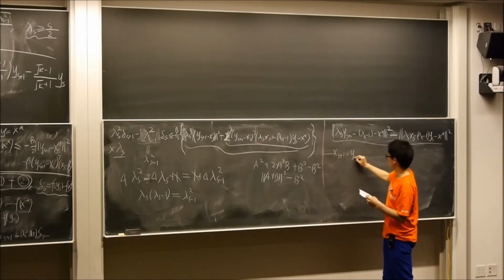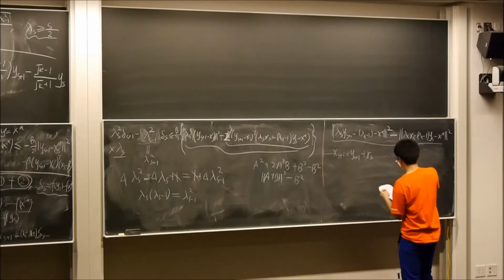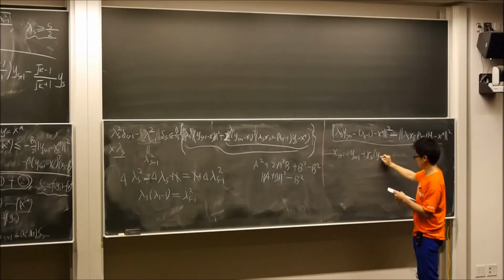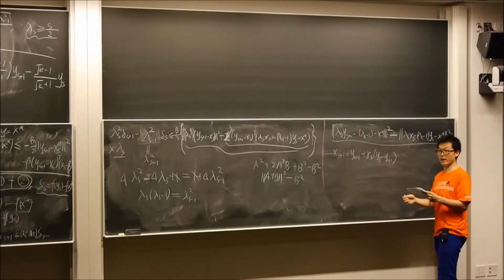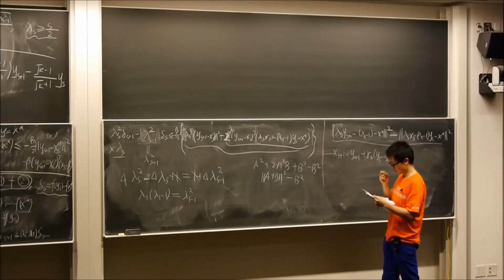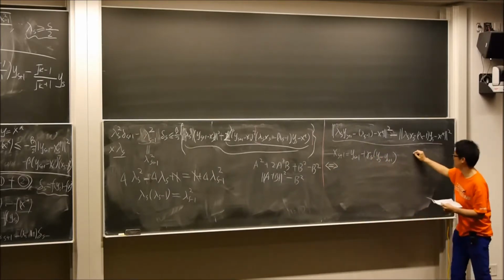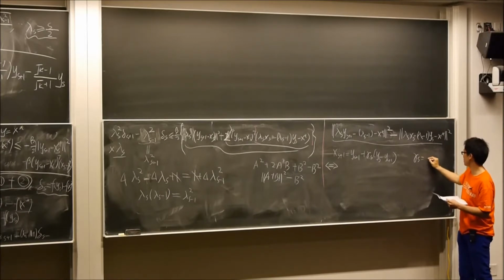Equals y s plus 1 plus gamma s. So that's the update rule. And I claim that, by the definition of gamma, I'll just write it here for your reference.